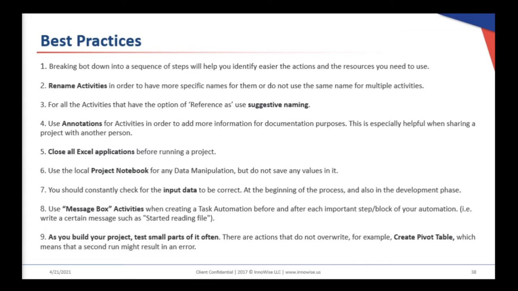Similarly, I would rename every such activity which I have to use multiple times, so that whenever the bot throws an error in a particular activity, it gets easier for me to see exactly which activity is giving that error. If we do not rename such activities, you would have to check again and again which activity is giving you that particular error. So whenever we use a lot of activities repetitively, we rename them so that it gets easier for us in the future.